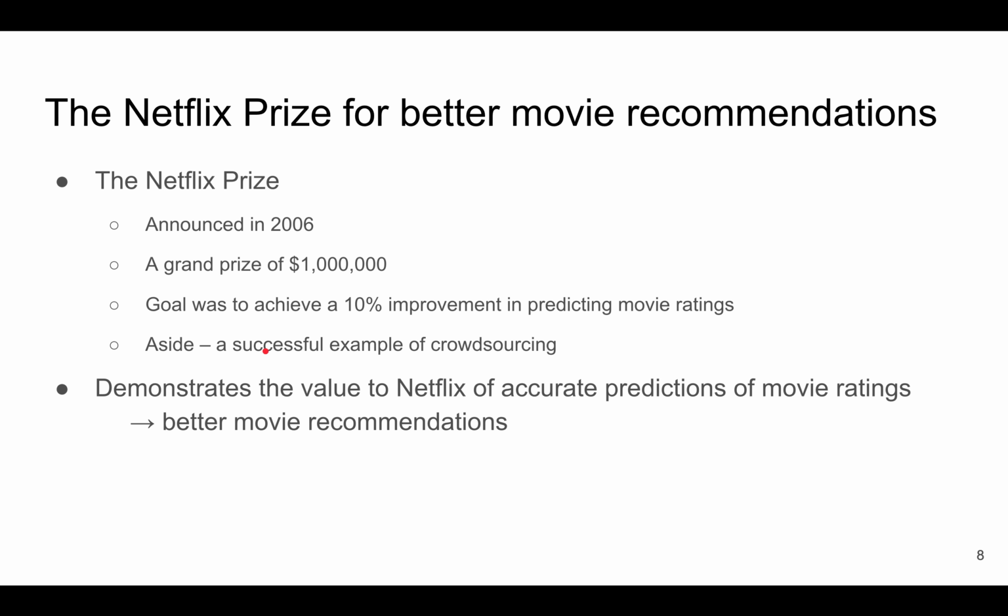As an aside, this is actually an interesting and successful example of the concept of crowdsourcing. The main point for me to mention the Netflix Prize is that it demonstrates very clearly how Netflix can gain a lot of value from accurately predicting users' movie ratings, because this drives better movie recommendations and a better user experience for its subscribers.